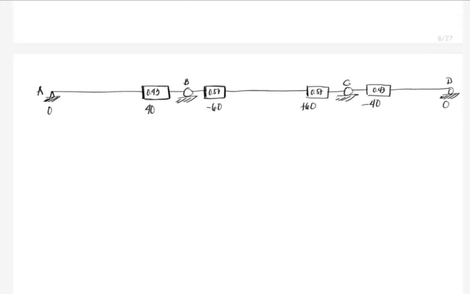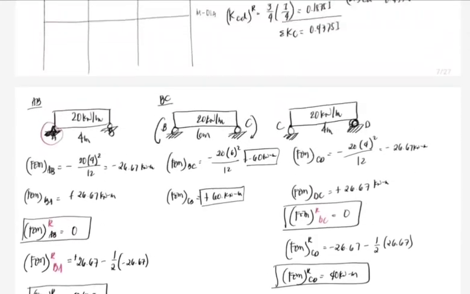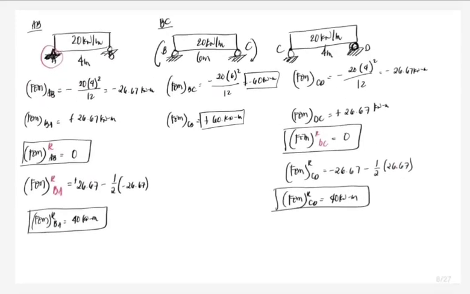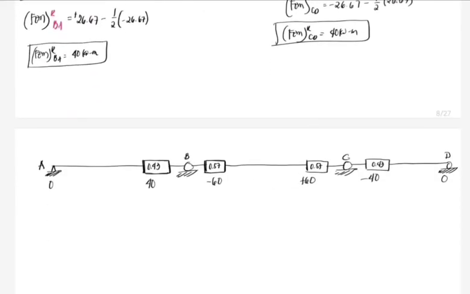Saan natin kinuha yung DF? Ito po yung DF. We have 0.43 and 0.57 sa BA and BC. So, as you can see, this is our BA and then this is our BC. We have 0.43, 0.57. The other one, we have 0.57 and then 0.53. Saan naman natin nakuha yung ating fixed end moment?